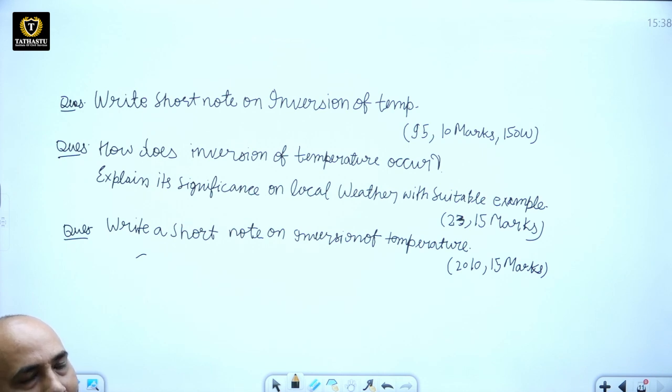They can have their test series at home itself, rather than paying 30,000 rupees to the idiot institutes with the idiot teachers. Here, that is there with you. Temperature inversion 95, temperature inversion 2010, temperature inversion 23.